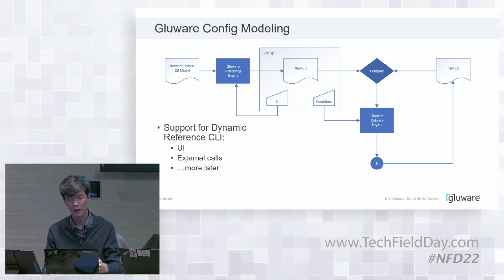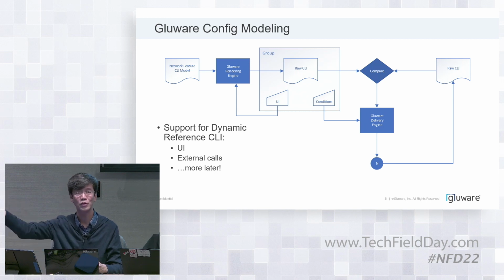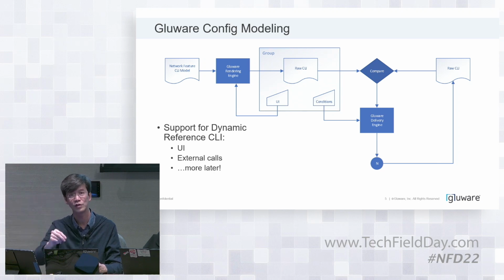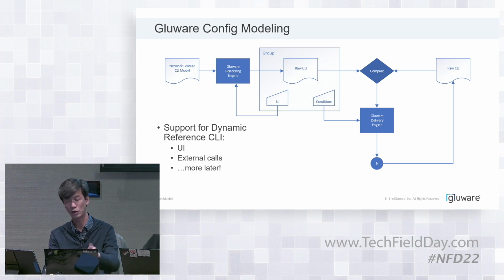What if some of the values you want to put in the CLI come from another source of truth, and you want to make a REST call to go get whatever shaper value is somewhere, and have that dynamic in the CLI? You can do this within Gluware. I'll explain more later. You can even be more dynamic.